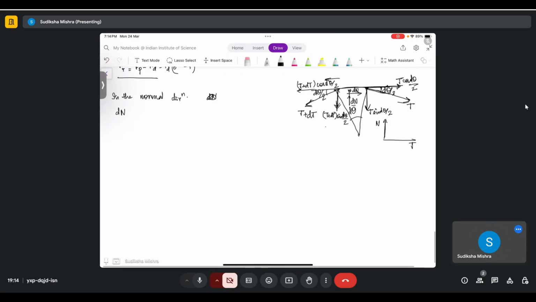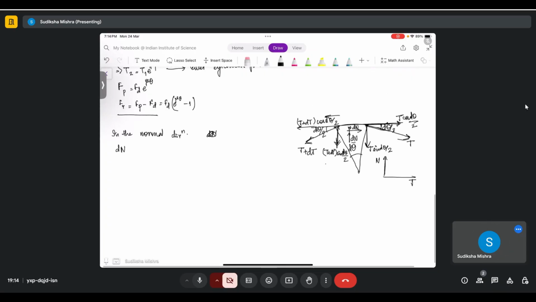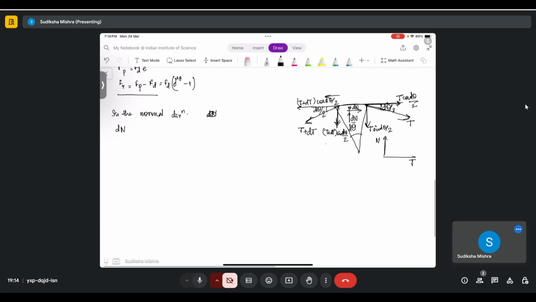So dN is in the positive direction, minus T sine d theta by 2, minus T plus dT sine d theta by 2, is equal to 0 because there is no external force applying on it.